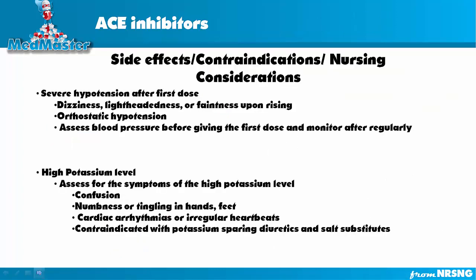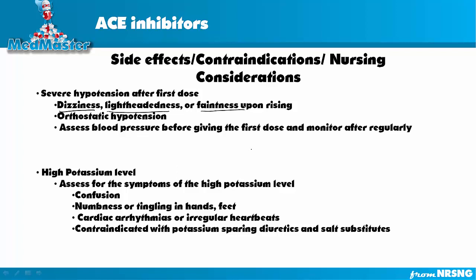Let's look into the next slide, at the side effects, contraindications, and the nursing considerations to remember. The very first one is severe hypotension after the first dose. Many patients can have severe hypotension after the first dose, and the symptoms you have to look for as a nurse are dizziness, lightheadedness, and faintness upon rising.